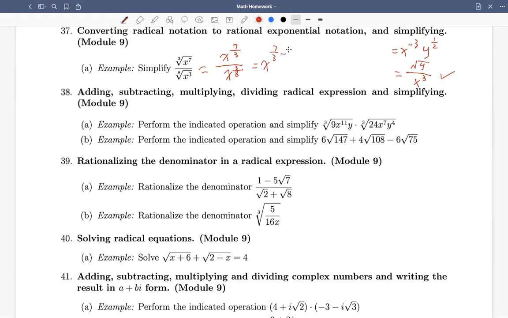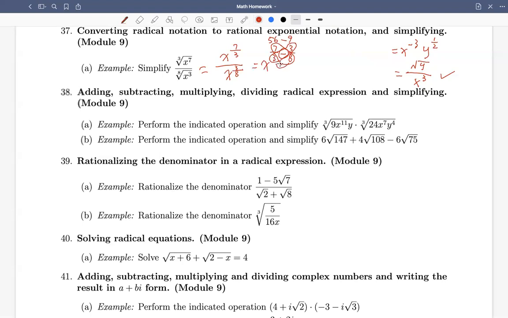So 7/3 minus 3/8. How do we do this calculation? Can I change my color? Okay. We just do this. 7 times 8, that's 56. 3 times 3, that's 9. This is a minus, so we subtract those two numbers.